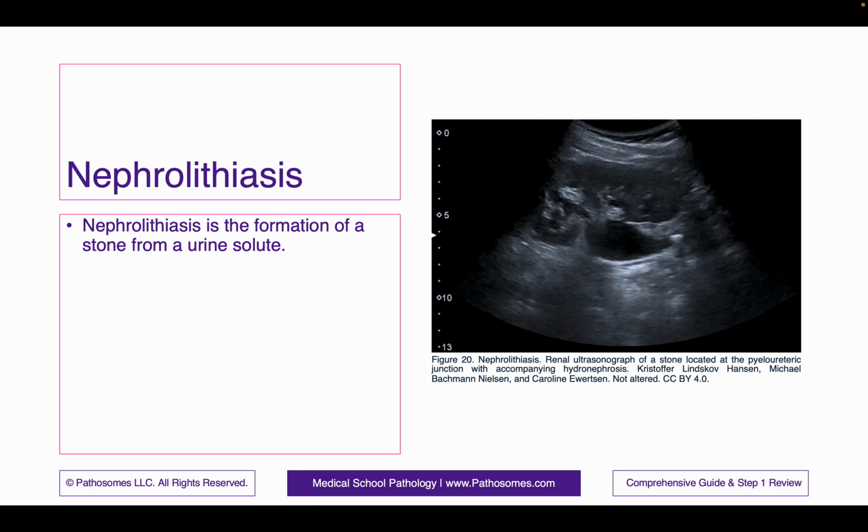Now let's talk about another very important entity, nephrolithiasis. Nephrolithiasis is the formation of a stone from a urine solute, as seen here on this renal ultrasound of a stone located at the pyeloureteric junction with accompanying hydronephrosis.